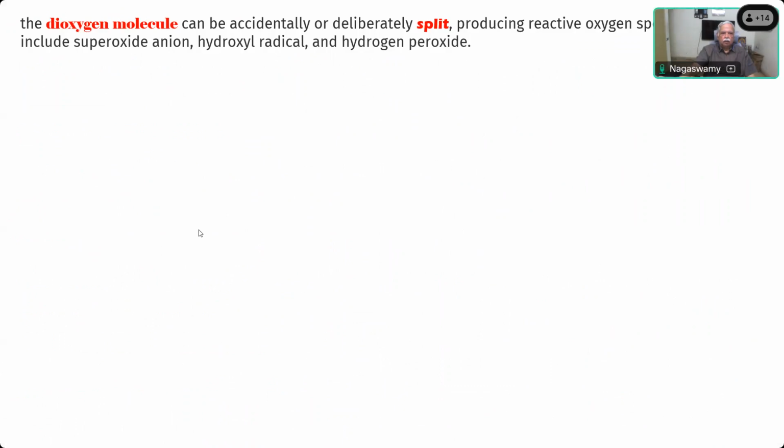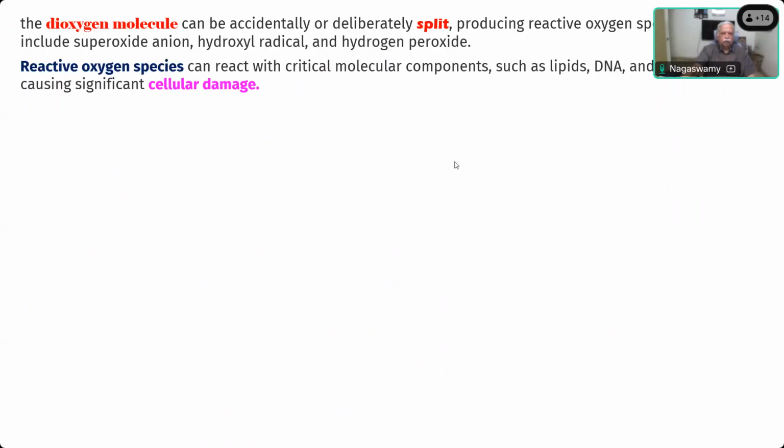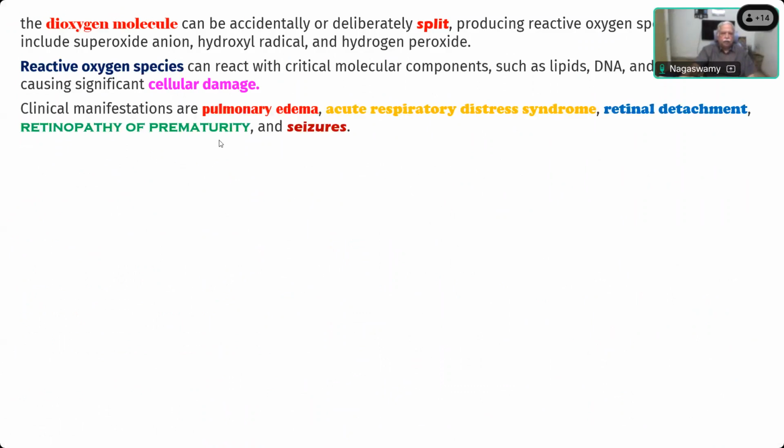And the dioxygen molecule can accidentally or deliberately split, producing reactive oxygen species. The commonest examples of reactive oxygen species are superoxide ion, hydroxyl radical, and nitrogen peroxide. And they can cause cellular damage by interacting with the lipids of the cell membrane. And clinically, that may manifest as pulmonary edema.